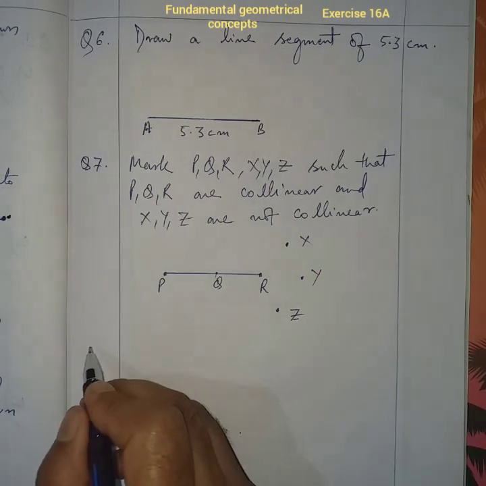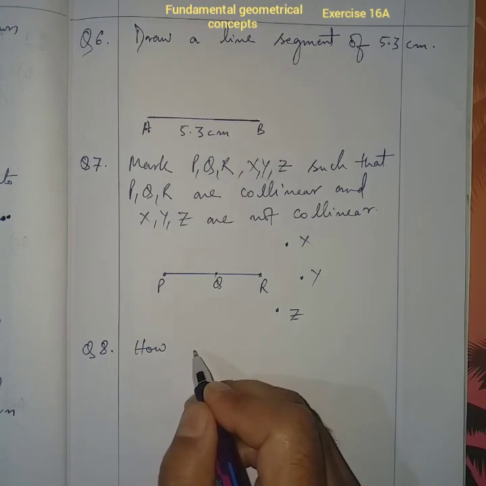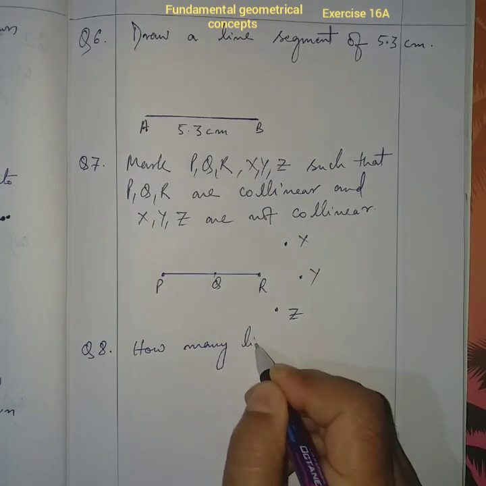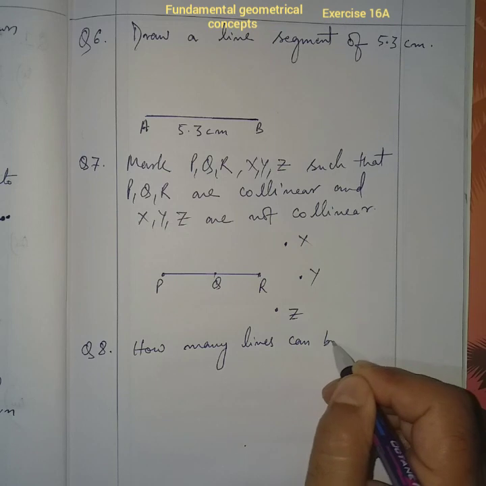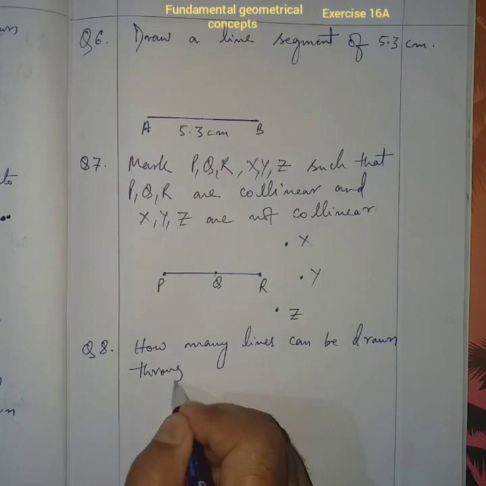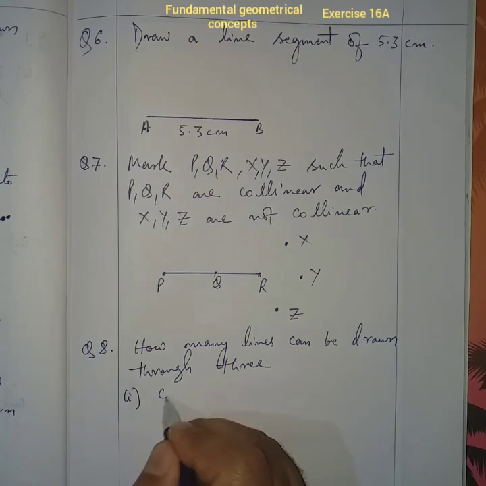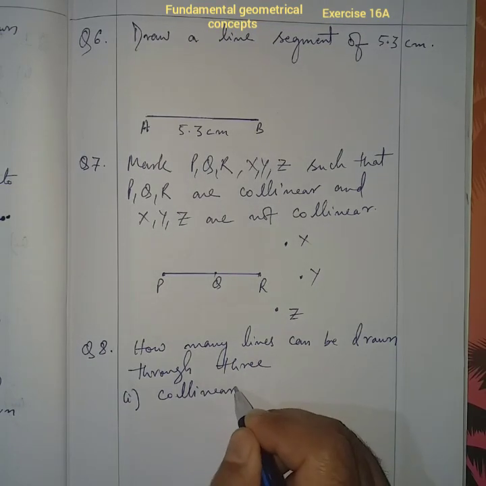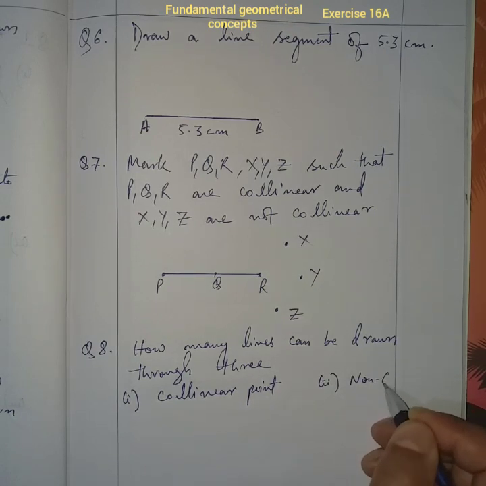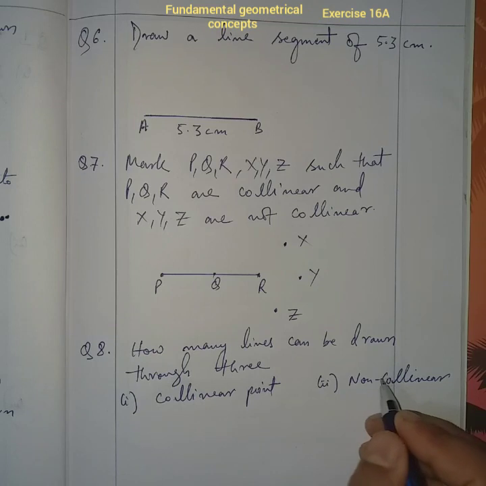Now question number 8. How many lines can be drawn through three, number one, collinear points and number two, non-collinear points.